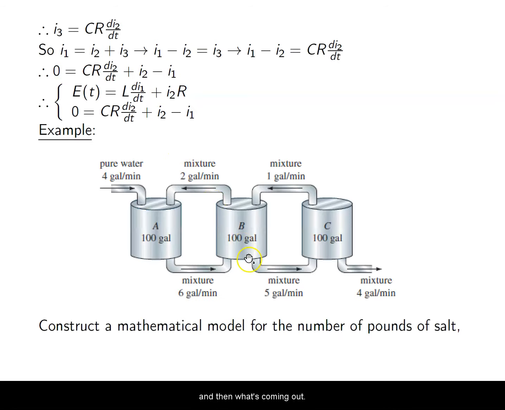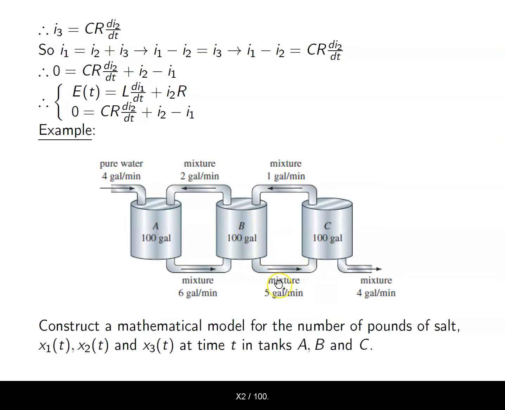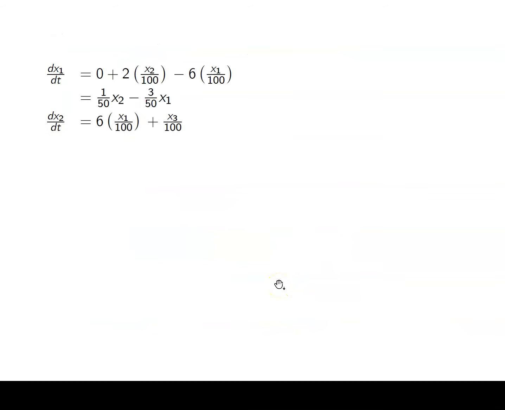And then what's coming out? Out I have 2 times x2 over 100 and 5 times x2 over 100.